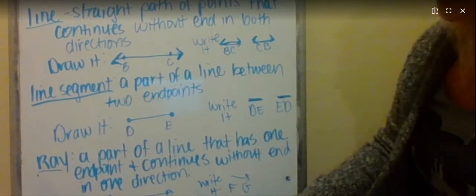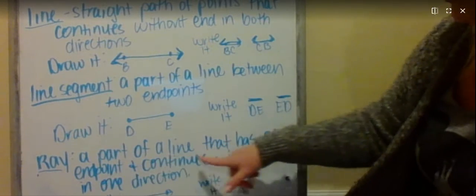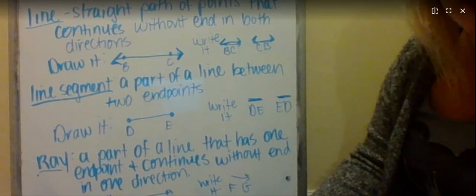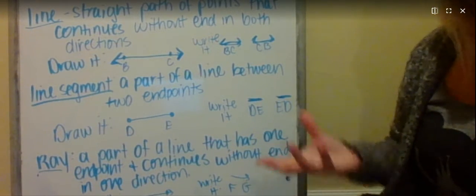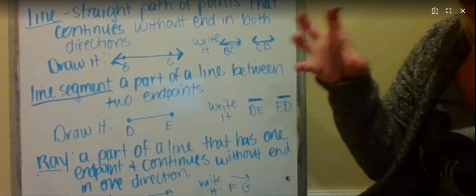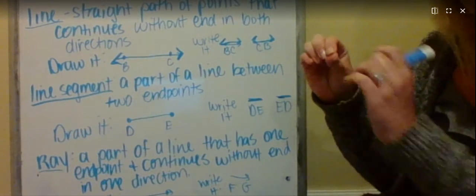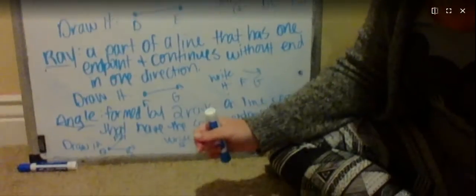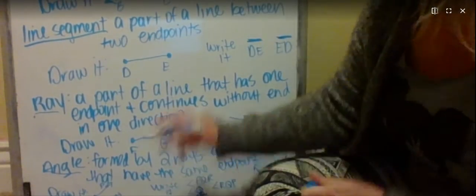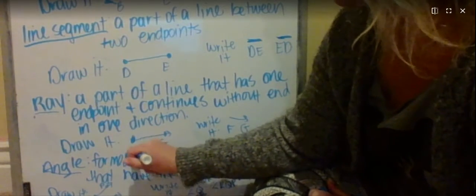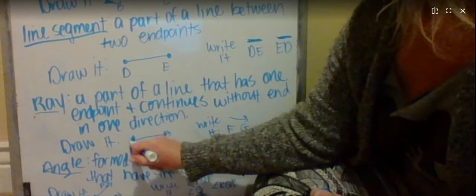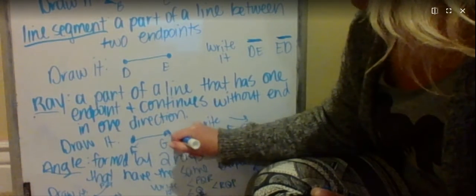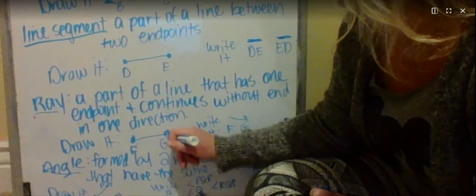So when I'm labeling and writing them, I always just think, okay, DE. It's just easier. A ray is a part of a line that has one endpoint and continues without end in the other direction. I think of a ray of sunshine: it starts off at the sun, which is the endpoint, and then shoots out in one direction. You'd draw one endpoint, which I have labeled F, and then it goes on forever in this direction, so we have an arrow pointing this way.